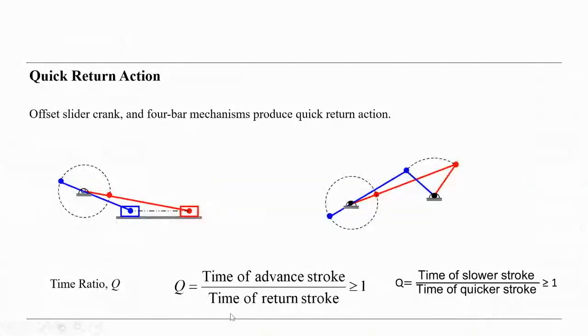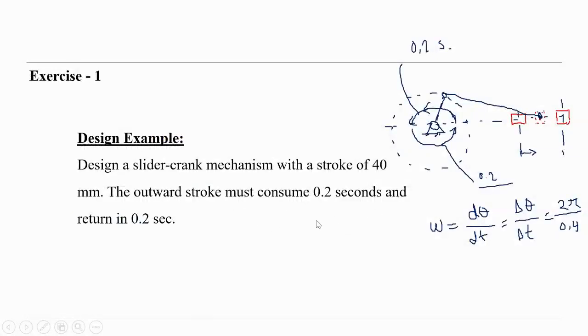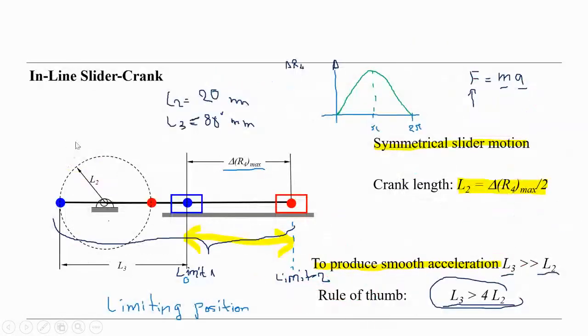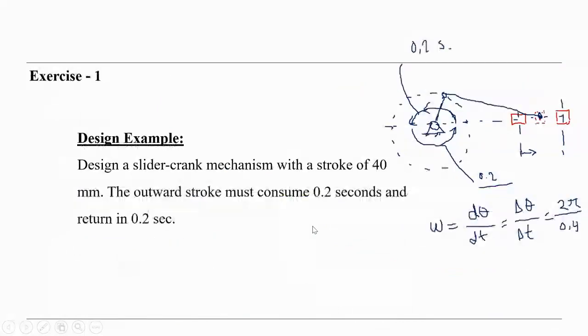So let's have a quick overview of the first exercise here, the inline slider crank. We said that the advanced stroke, the motion, let's say, starts from here and goes to this point.